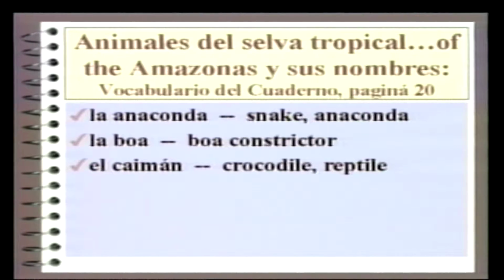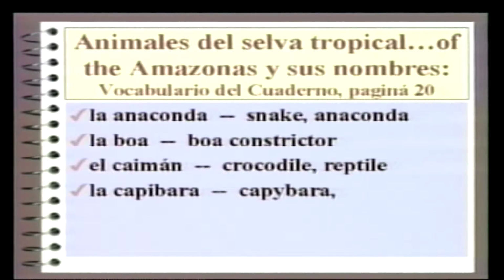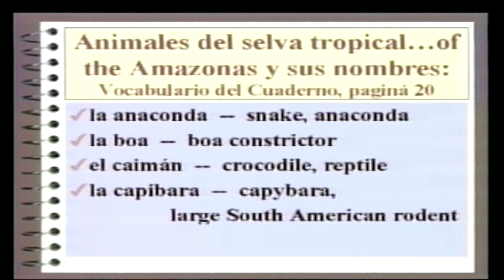El caimán. El caimán. Crocodile, a reptile, the crocodile. Caimán. La capibara. La capibara. The capybara, which is a large South American rodent.